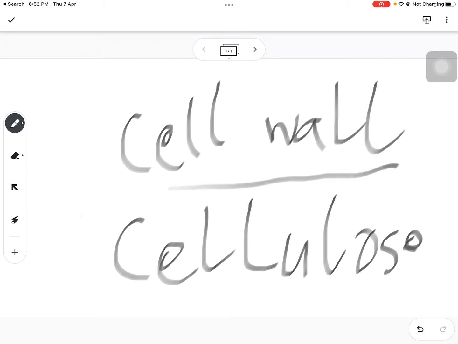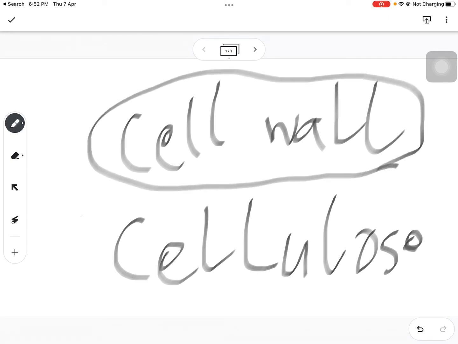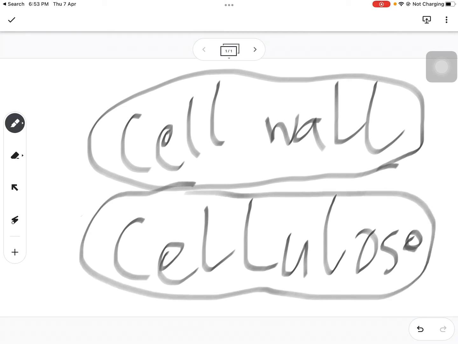So this is the first example of the parts of a plant cell, and cellulose is what the cell wall is made up of.